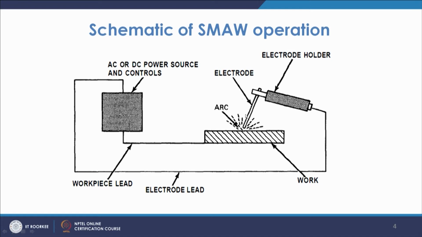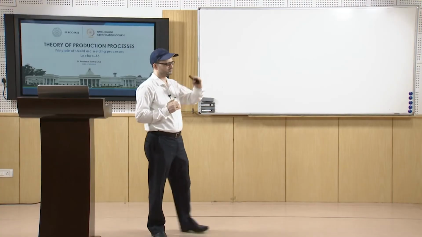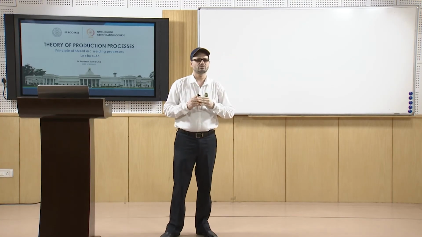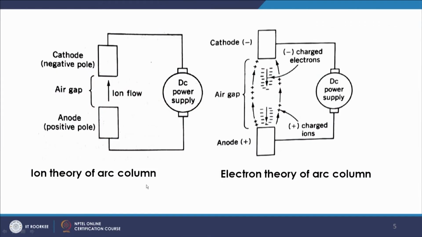There are two theories for the creation of this arc. Now, there is the ion theory of the arc column. You have a positive electrode and a negative electrode. Once you connect that to a power supply, the ion theory of the arc column tells that you will have the flow of ions from the anode moving towards the cathode.